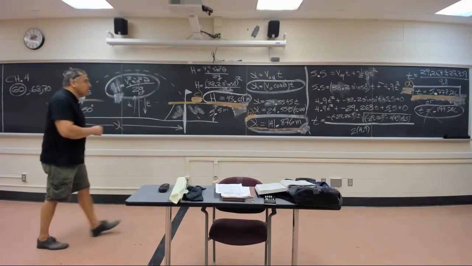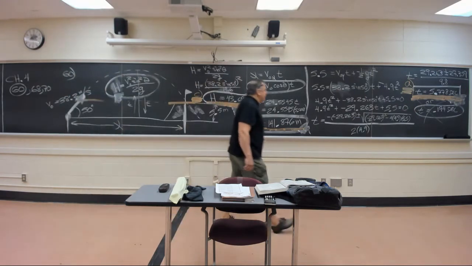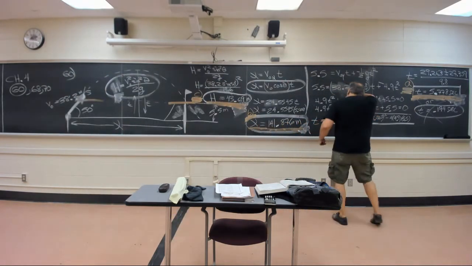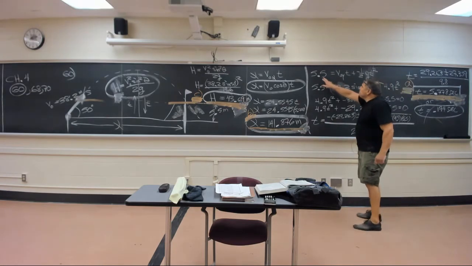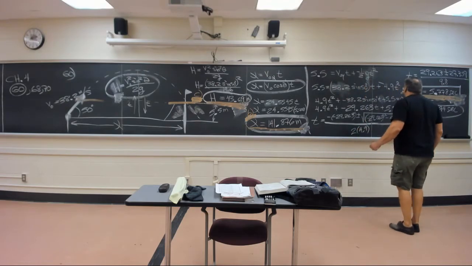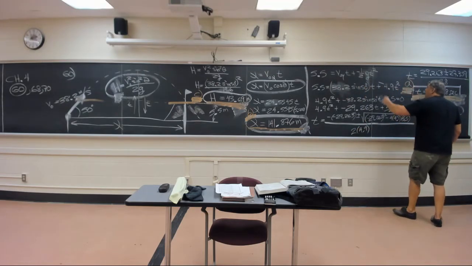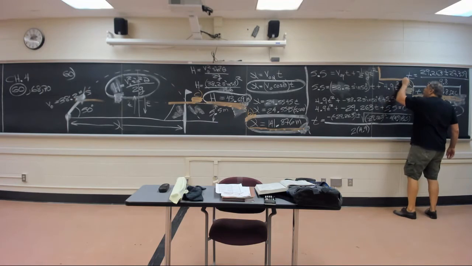talk about it a little bit. We know that there are a number of ways you could actually talk about this. We know that the distance can be written as something of the form v_i t plus 1/2 a t squared.